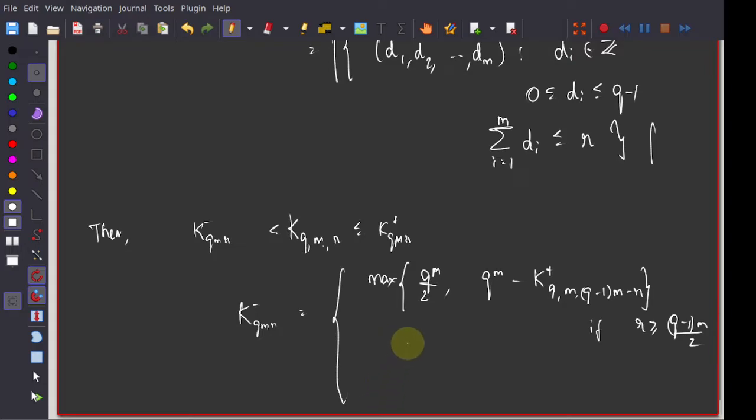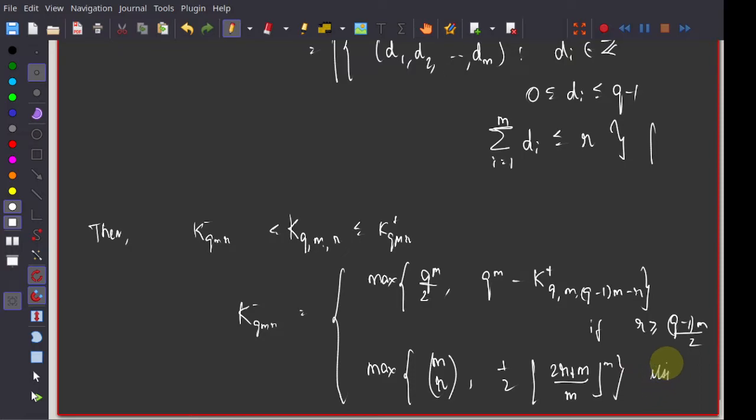Otherwise, it is equal to the maximum of m choose R, floor of R over m, raised to the power.